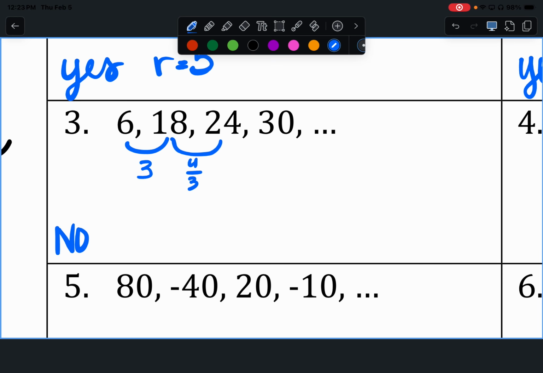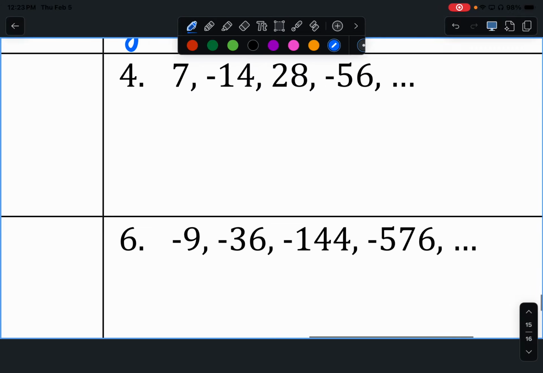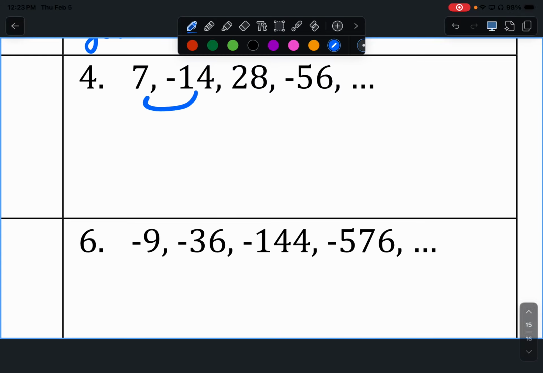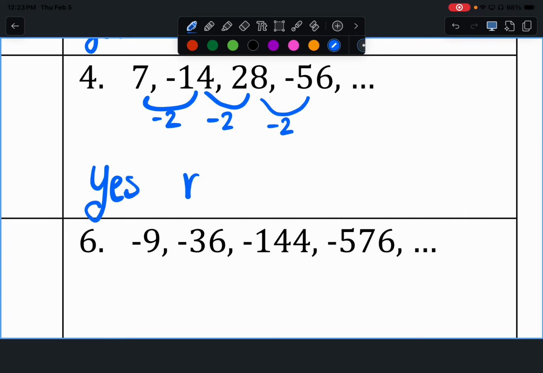Okay, now, for number 4, what is negative 14 divided by 7? What is 28 divided by negative 14? Negative 56 divided by positive 28? So is that a geometric sequence? What is our common ratio?